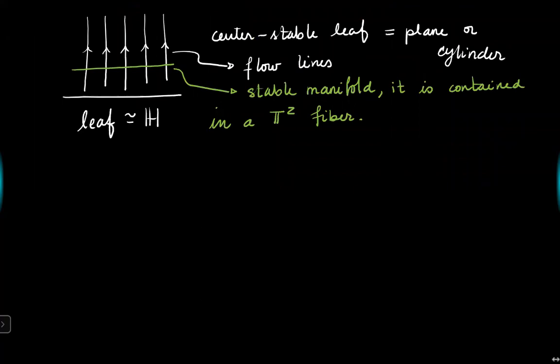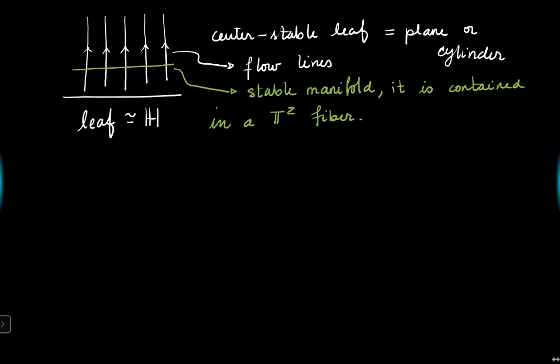I've drawn a plane here, and the flow lines are the white lines, and they're parallel geodesics. And the stable manifolds are the stable manifolds of the points in the torus, in the toral fiber, for the dynamics F. So they're contained in a toral fiber.